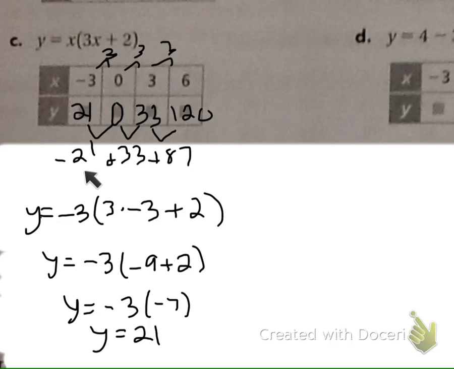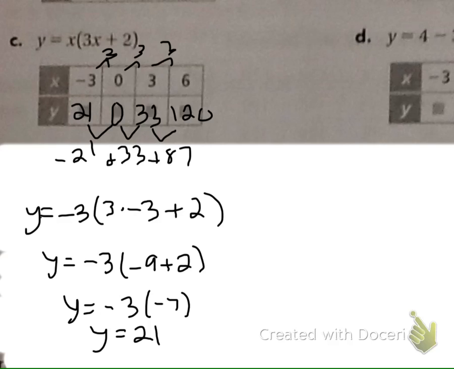So I can already tell there is not a constant rate in the situation, because negative 21 divided by 3 is negative 7. And then 33 divided by 3 is 11. And then 87 divided by 3 is 29. So I get different answers each time.